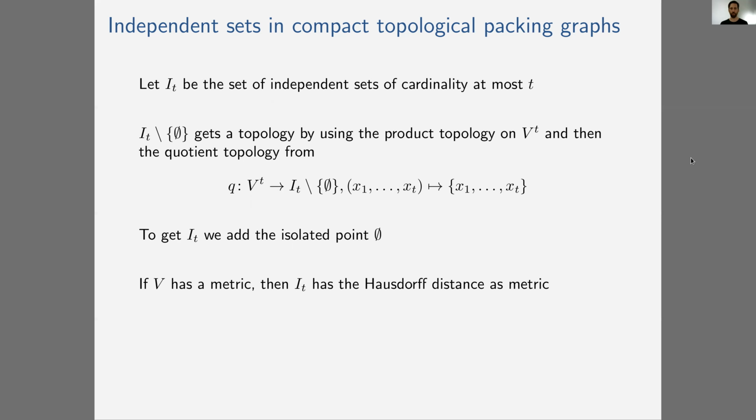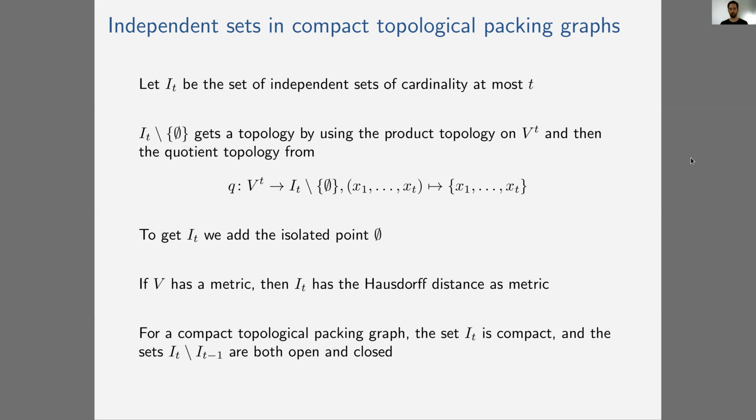But if we work with compact topological packing graphs, this cannot happen. First of all, this set of subsets is going to be compact, but also, if you take the sets of cardinality exactly t, removing all sets of smaller cardinality, this is both open and closed. So these are all disconnected components.